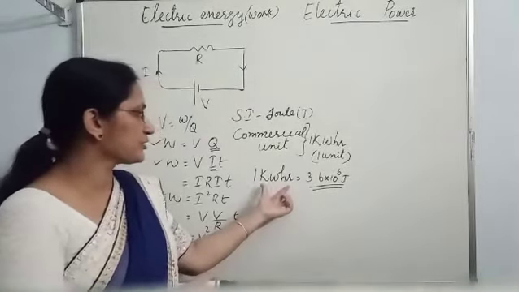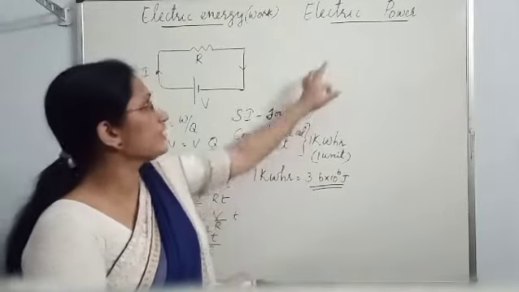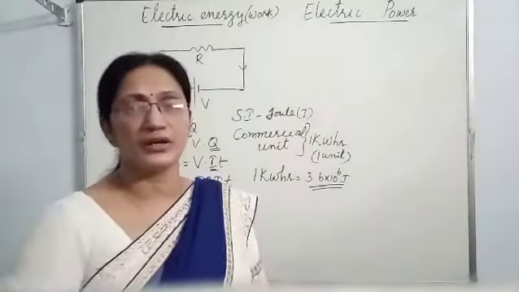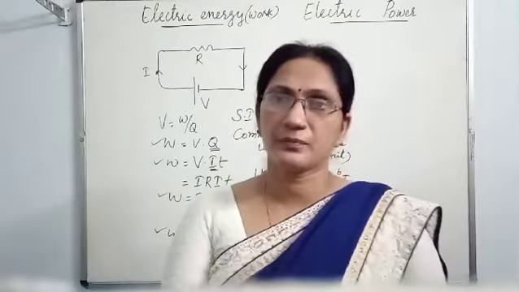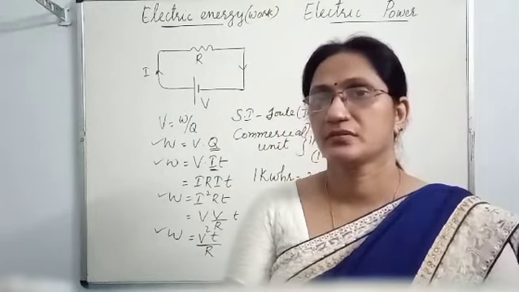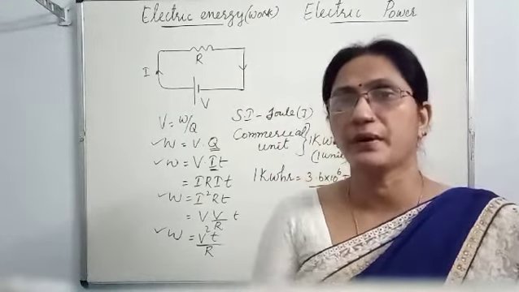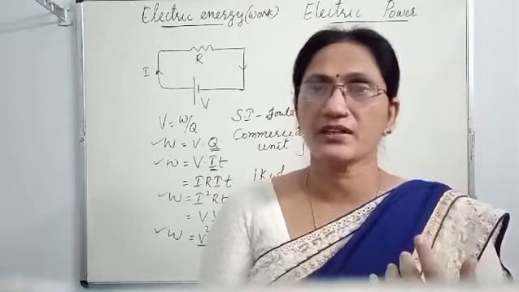Then definition of kilowatt hour you have to learn, that I will explain after the next term, electric power. Meaning of electric power is electric work done per second. The simple term power means rate of doing work. Work done per second we call as power.